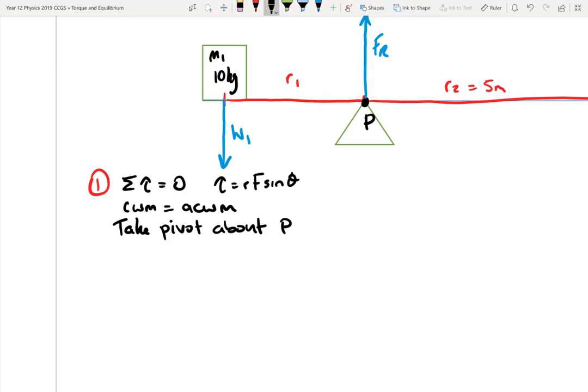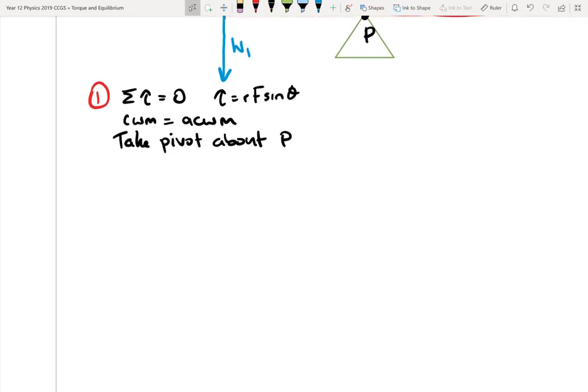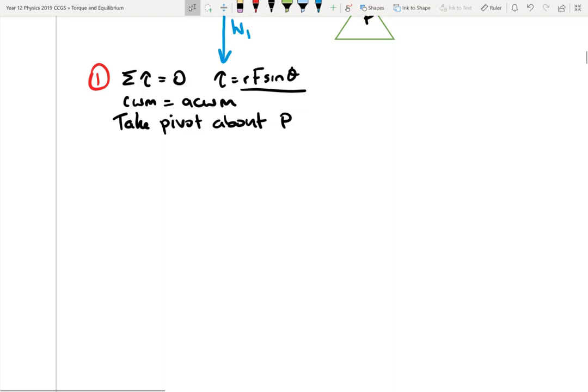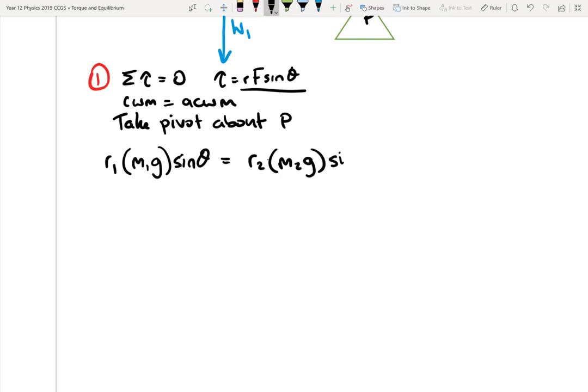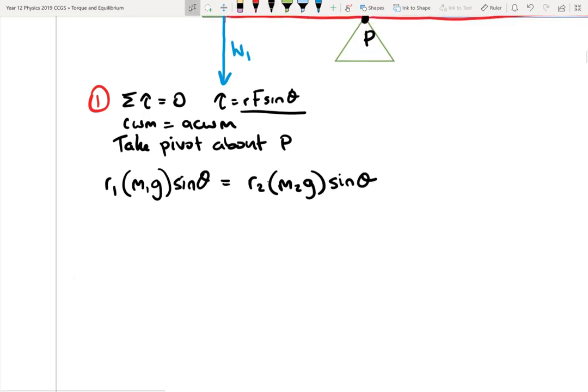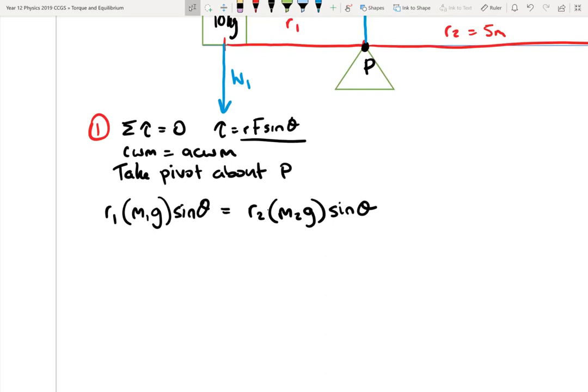So please, if it's not there, label it, put a dot, and call it capital P. From there, we would put in these values, but keep our subscripts. So we would go R1 M1 G sine theta equals R2 M2 G sine theta. That is the torque produced by mass 1, a distance from the pivot, the force at a certain angle in a certain gravitational field.